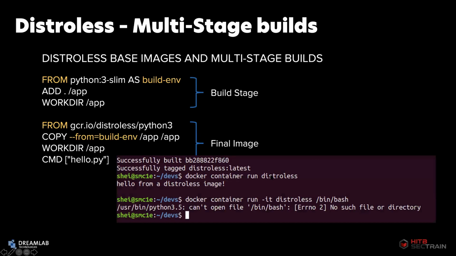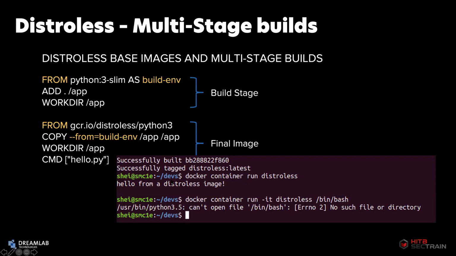If we try to get a shell inside one of these distroless containers, we cannot, because the shell is not present, basically. Distroless images don't contain most of the binaries expected to be found in distro-based images. And of course, this helps to reduce the attack surface.